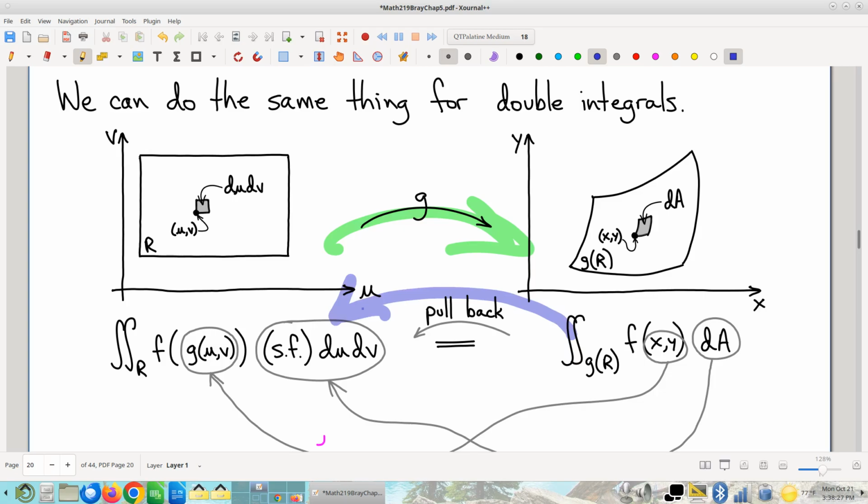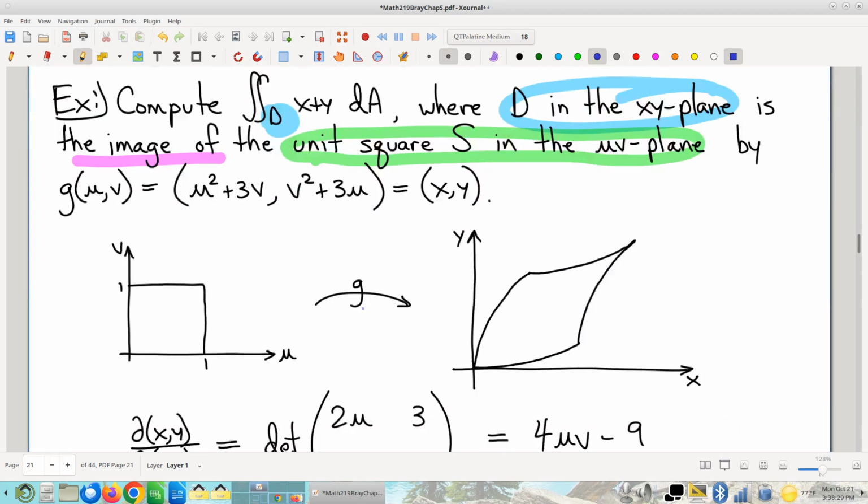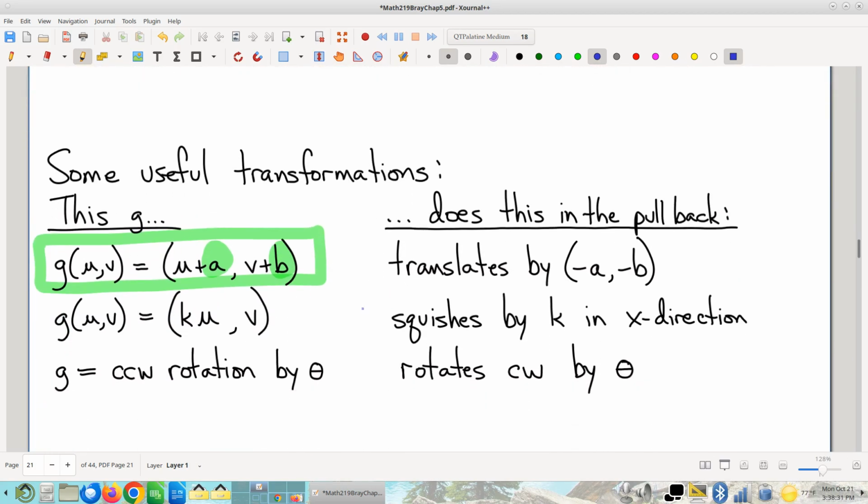It's just undoing what you did. And so in effect then, this would be a good choice for a change of variables if what you want to do in the pullback to the domain is to translate by negative a, negative b. There's just kind of a backwardness to it.